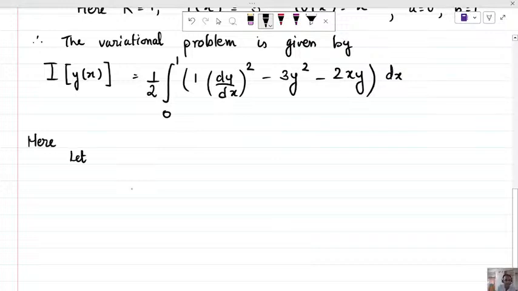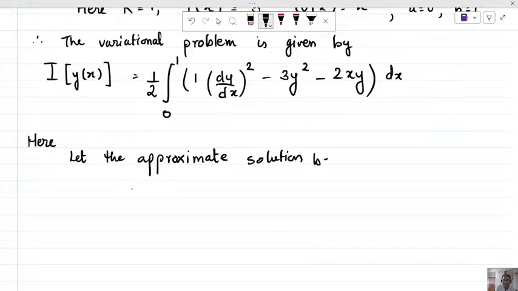Let the approximate solution be y of x equals a naught plus a1x plus a2x square. Okay, let this be the solution.